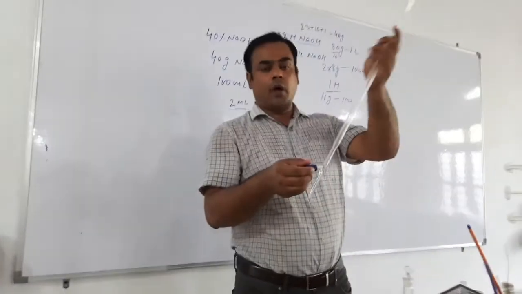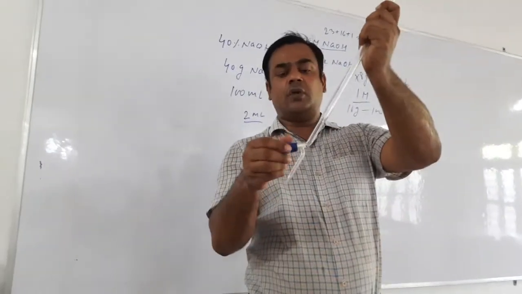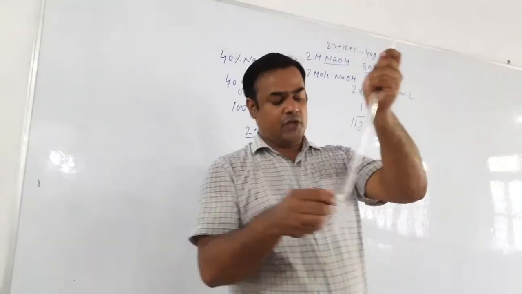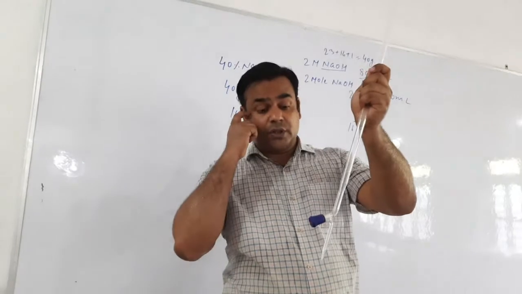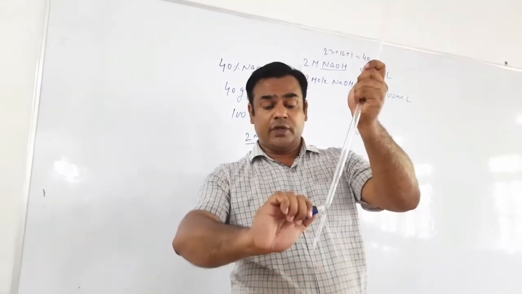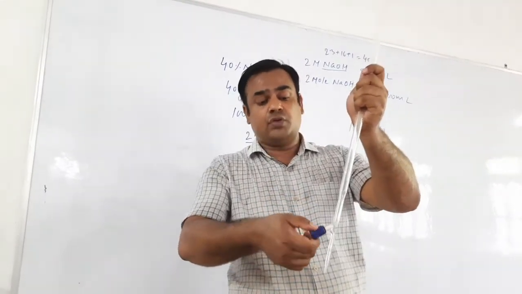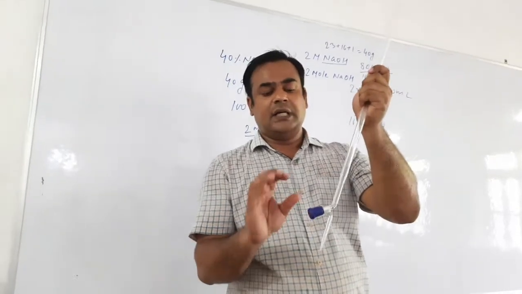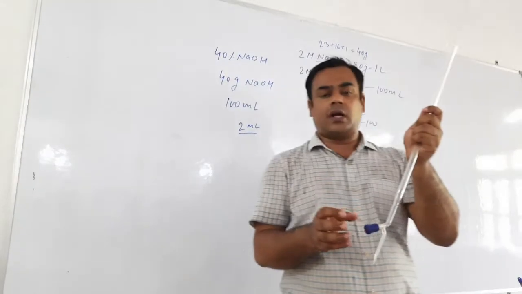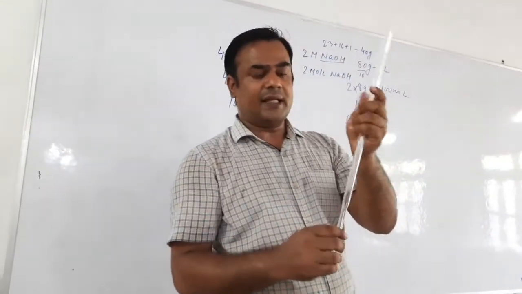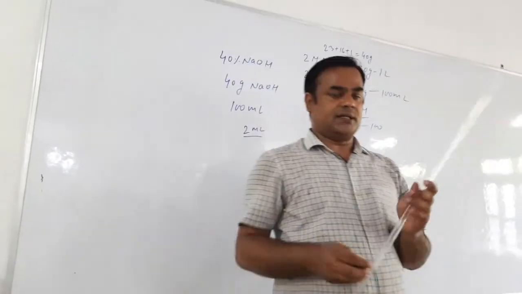This is the knob of the burette through which we control the flow of solution into the titration flask. You can close it, you can open it, but we should neither close it very hard nor open it very hard. We should treat this very gently.